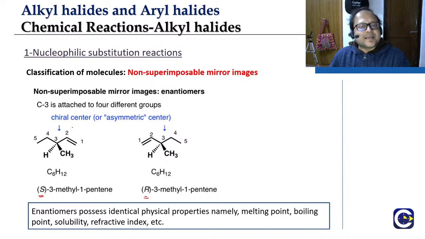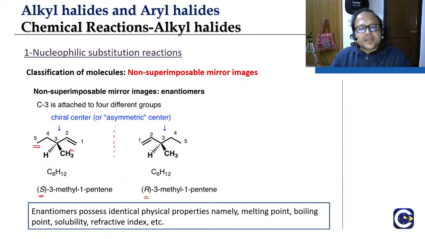Okay, so basically what we have got, see in this particular molecule, on one side you have got an ethyl group, this is an ethinyl group, right? Then you have got a methyl group coming out of the plane, and hydrogen going inside the plane, right? So if you put a mirror image over here, what do you get?